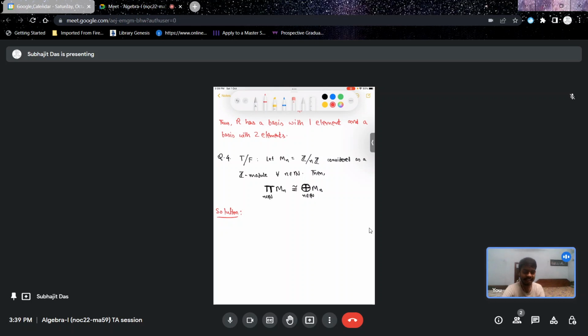That is, the entries in a sequence will vanish cofinitely, on the complement of a finite set. So let's say the sequence 1, 1, 1, 1, 1 and so on will not be an element of the direct sum. An element will precisely be a sequence in which there are only finitely many non-zero entries, or finitely many non-zero components.